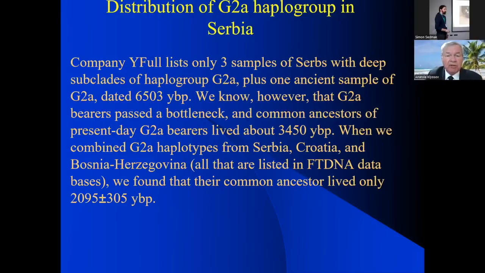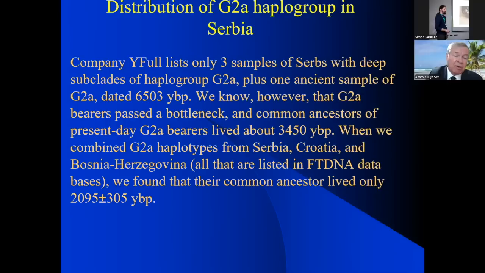Now, if we talk about the G2A haplogroup in Serbia, there are not many of them. The company YFull lists only 3 samples of Serbs with deep subclades of haplogroup G2A, plus 1 ancient sample of G2A. We know, however, that G2A are the same unfortunate people who went through genocide.